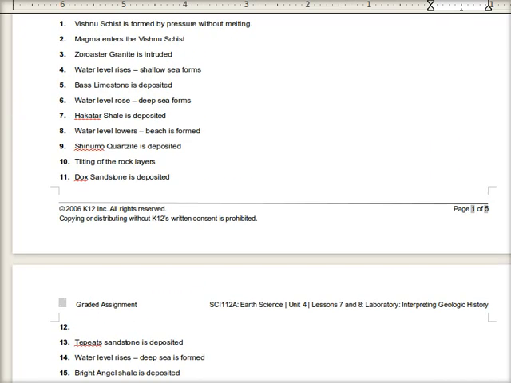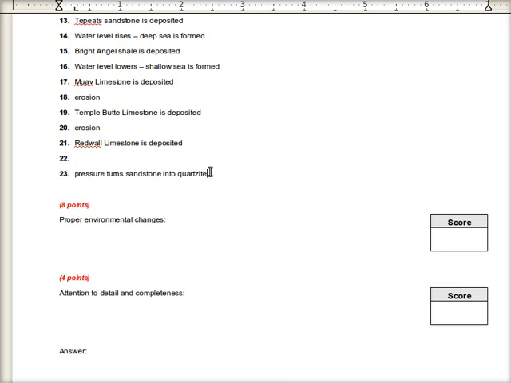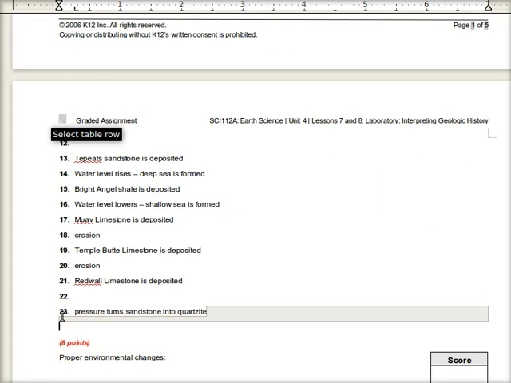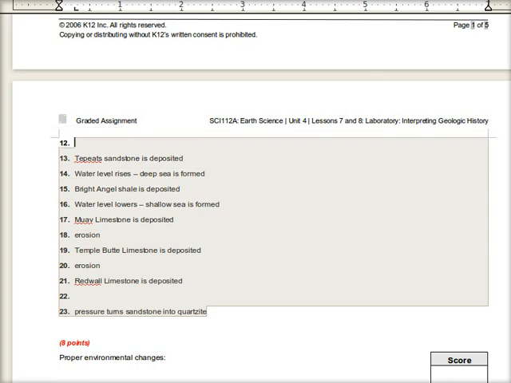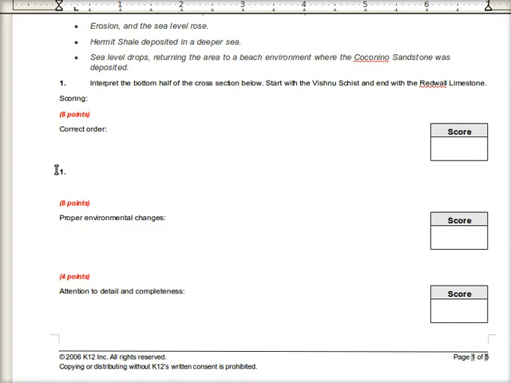Oh, I guess we were supposed to put this whole answer down here at the bottom under answer. Oh well, let's cut and paste. Darn you. Okay.